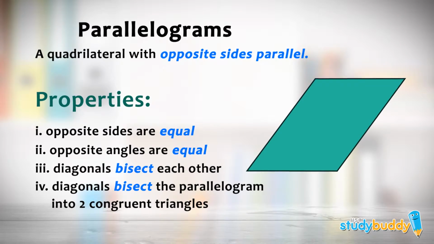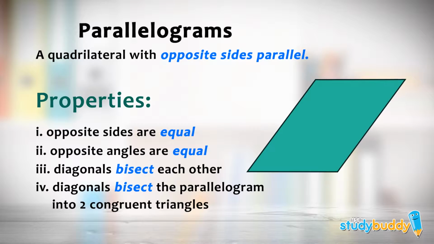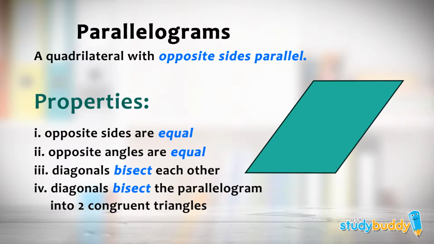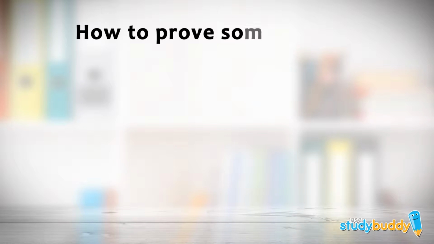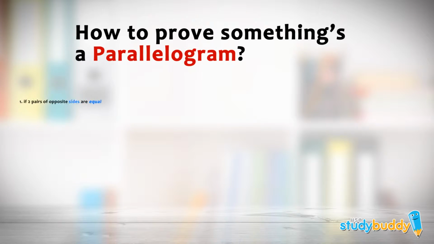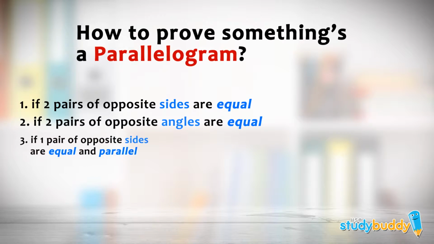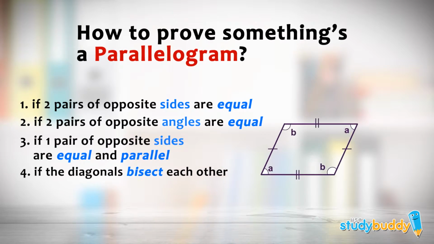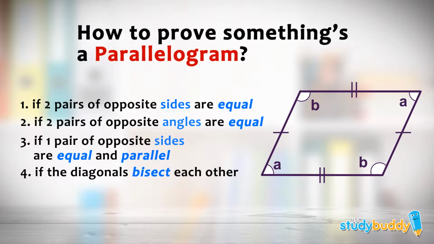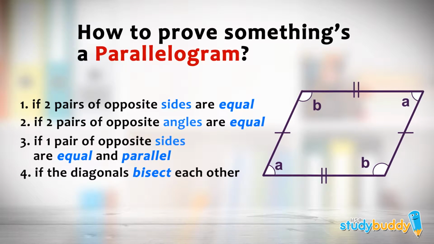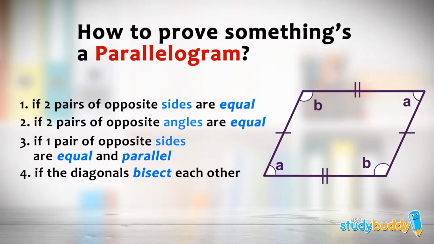So we'll have opposite sides equal, opposite angles equal, the diagonals will bisect each other, and also bisect the parallelogram into two congruent triangles. So how do we prove that something is a parallelogram if we were asked to? It can have two pairs of opposite sides equal, two pairs of opposite angles equal, one pair of opposite sides both equal and parallel, or the diagonals bisect each other.